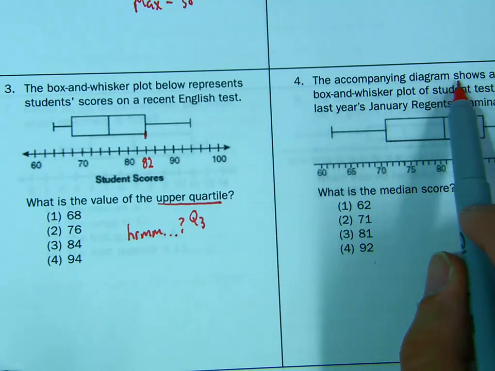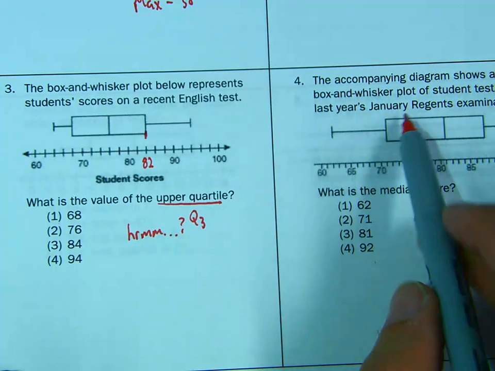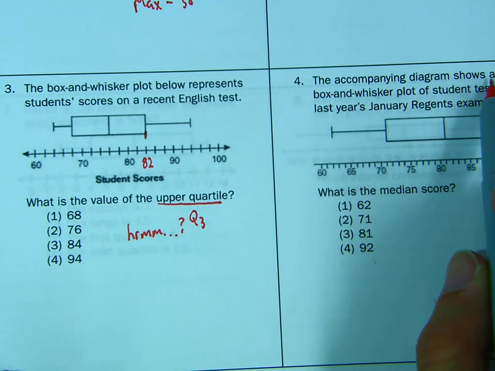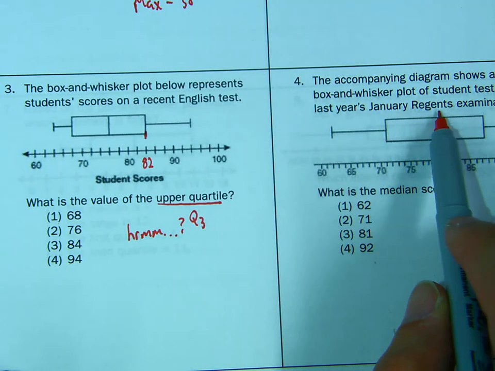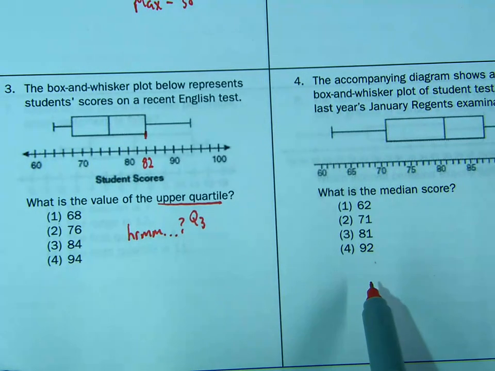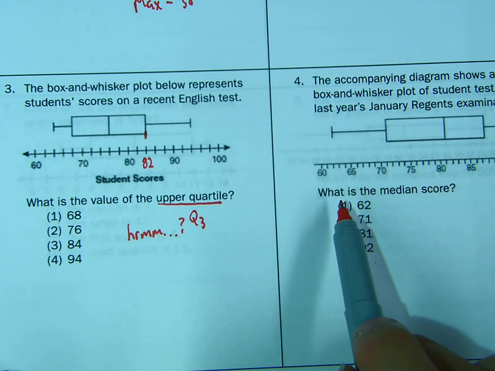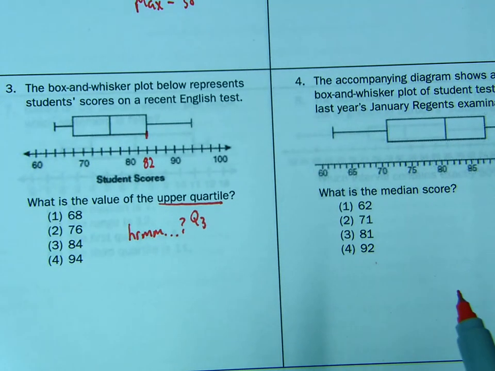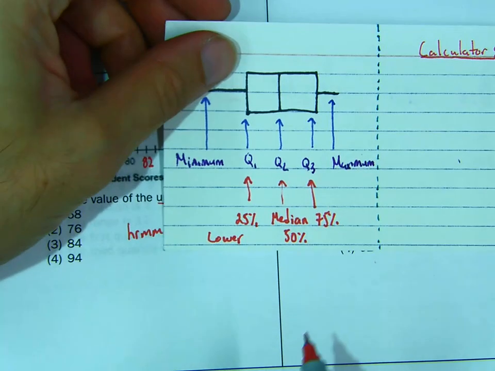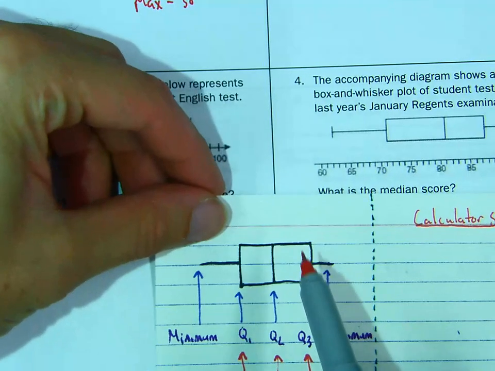The accompanying diagram, try this one, pause the video, right? The accompanying diagram shows a box and whisker plot of students' test scores on last year's January Regents examination. What is the median score? Okay, let's look at our notes. Which one of these data values shows median score?